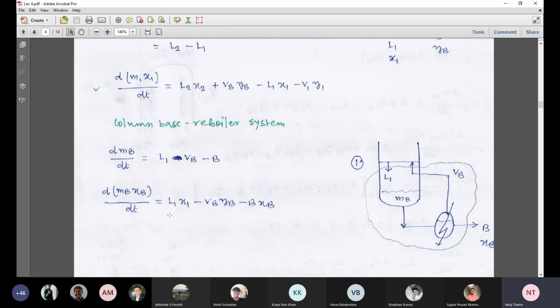This is the bottommost envelope, the column base reboiler system, and the modeling equations are quite straightforward.